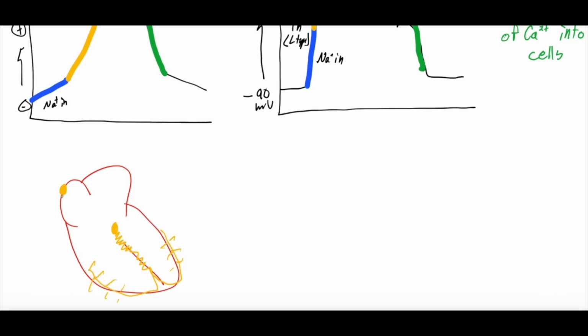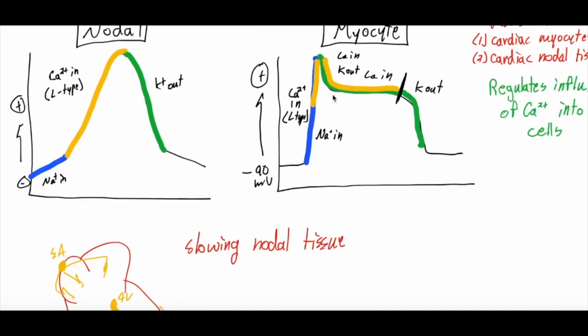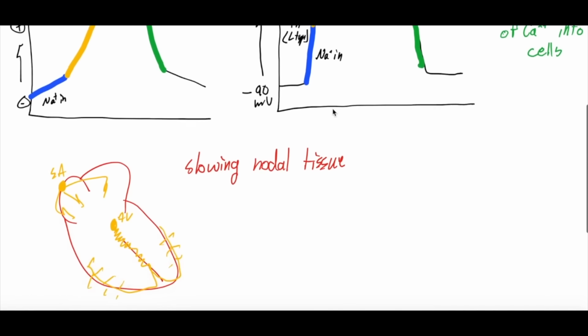And the action potential comes through the SA node, through the atriums, into the AV node, down, and then into the myocardium of the ventricles. So these calcium channel blockers are slowing the nodal tissue, and also they're decreasing the slope of this myocyte and decreasing the velocity of the action potential.